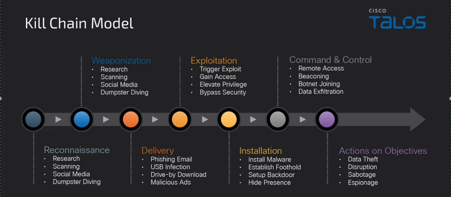Because the action on objectives is the target of the adversary and threat actors that they planned for. At this stage, in the reconnaissance stage, or even before the reconnaissance stage, they planned for this action on objectives. It could be data theft, disruption, service stopping, sabotage and espionage. So action on objectives is about impact. What's the impact of the cyber operation?